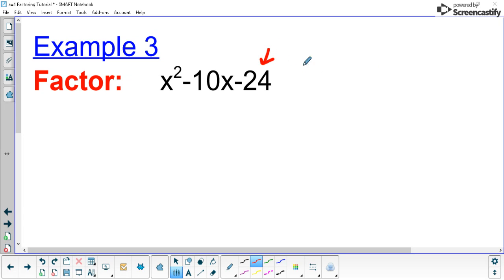24 is what I call an evil number. There are a few of these: 6, 12, and 24 are all evil numbers because sometimes when we have that in our problem, there are multiple answers that could be right. There's usually one that looks right and one that is right.